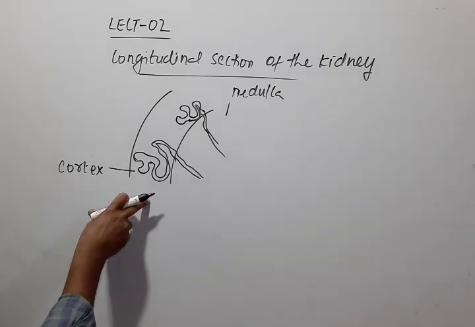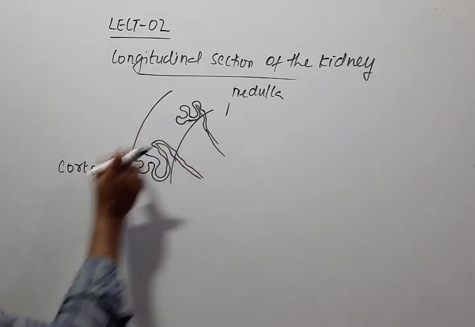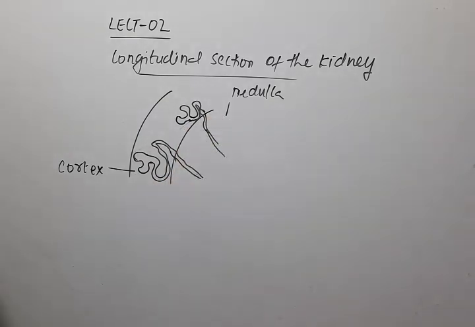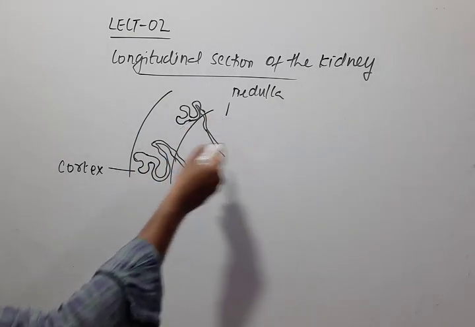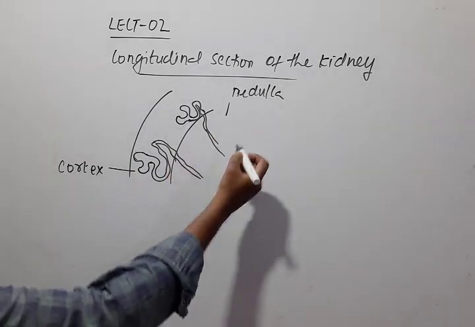So this is how the nephrons will be present from the cortex and in the medullary region. So I'll draw the complete diagram of this nephron later, okay.